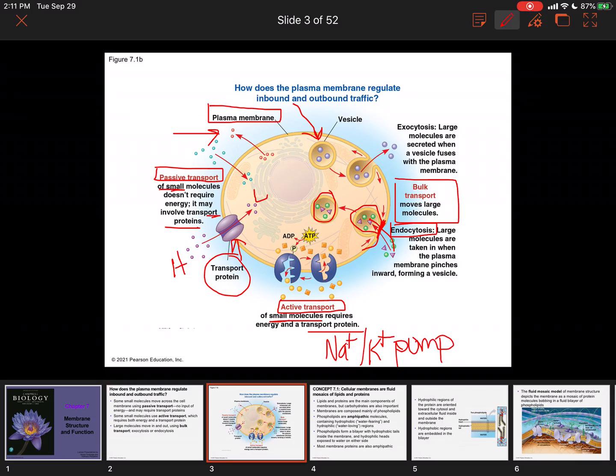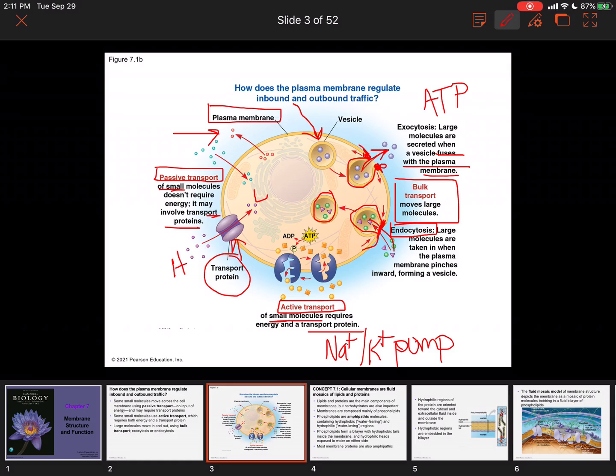That vesicle will then fuse to the cell membrane and become part of the cell membrane right here, and then the contents would be expelled outside of the cell. Now, this is going to require energy from the cell. Anytime you're having to fuse with the plasma membrane, we're having to put in our energy molecule called ATP in order for that to happen. And so endo and exocytosis will require energy.